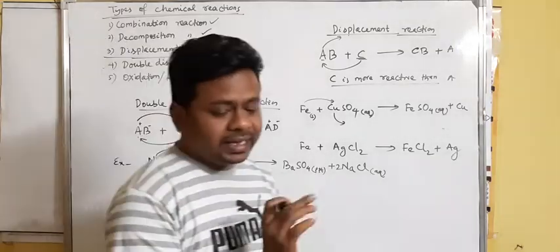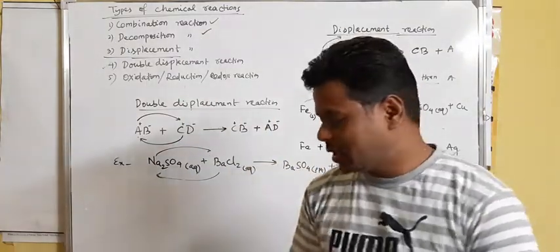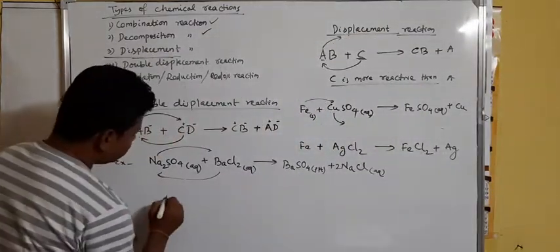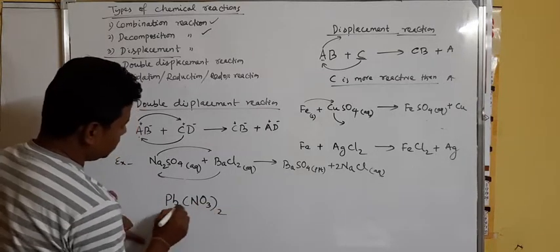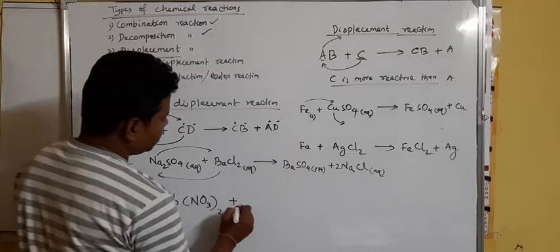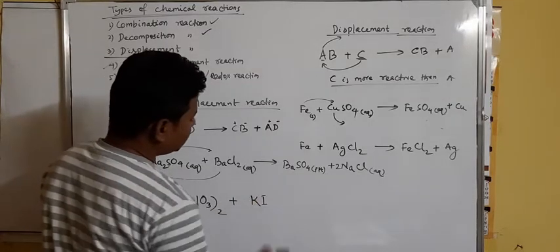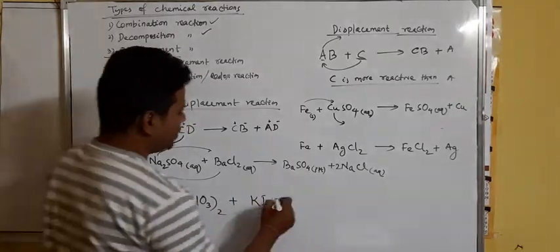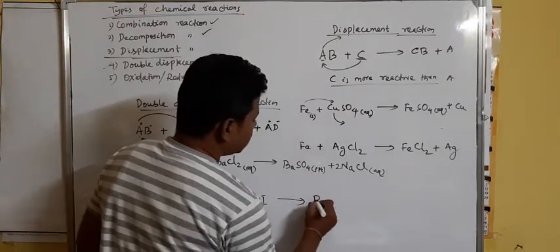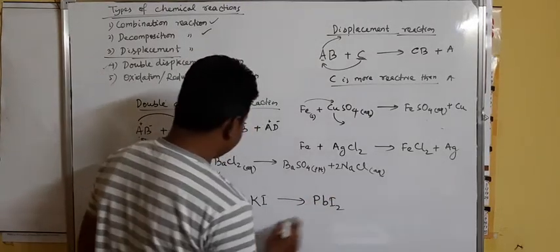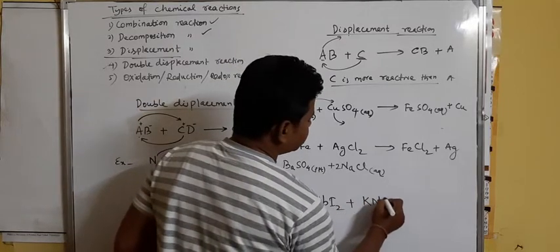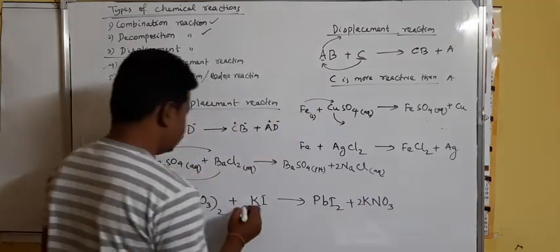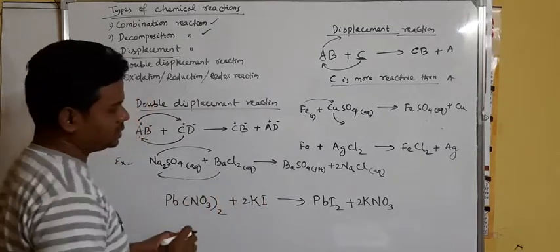We'll take another example: Pb(NO3)2, lead nitrate, when it reacts with potassium iodide, forms PbI2, lead iodide, plus potassium nitrate, and if you balance it, it will look like this.